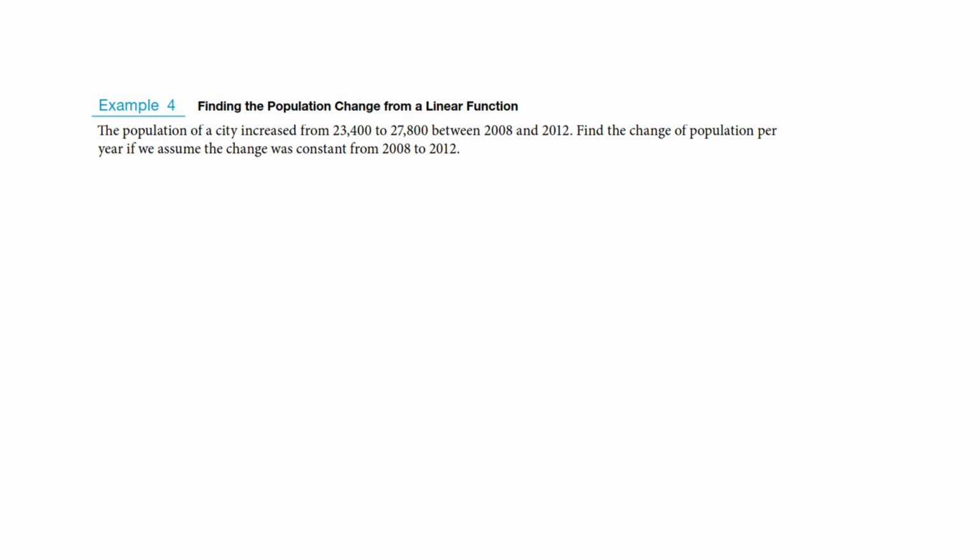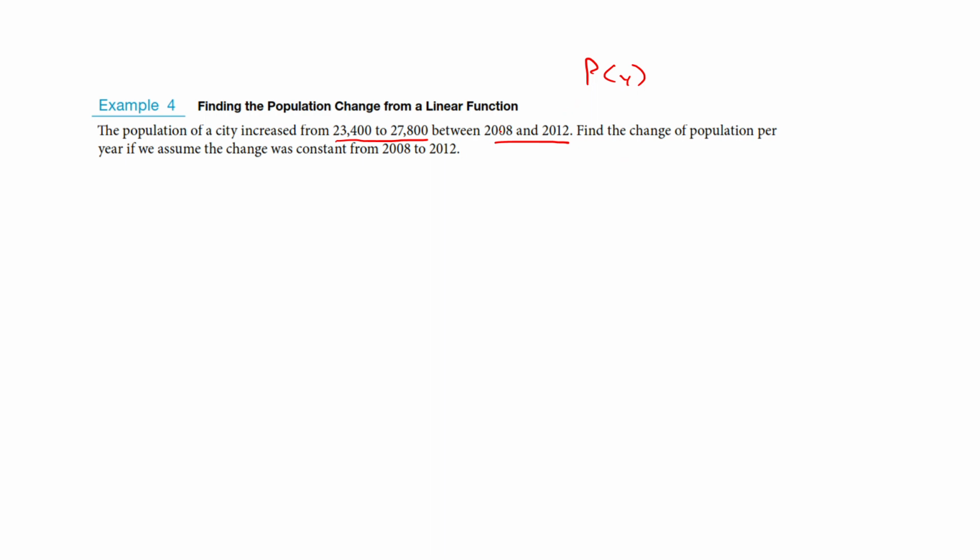All right, they're just giving us the story of slope in terms of a real-life application. So they're telling us these are our x's. As we change years, we get a different population. So population is dependent upon the year. Does that make sense?